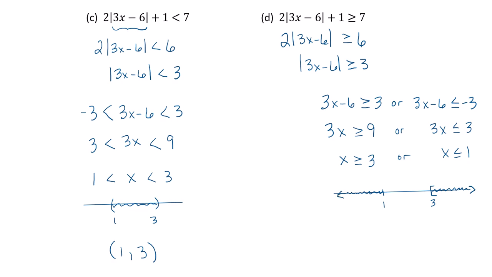So numbers over here will work as well. So my answer set becomes negative infinity to 1, union 3 to positive infinity, and we're including the 1 and 3 with square brackets.